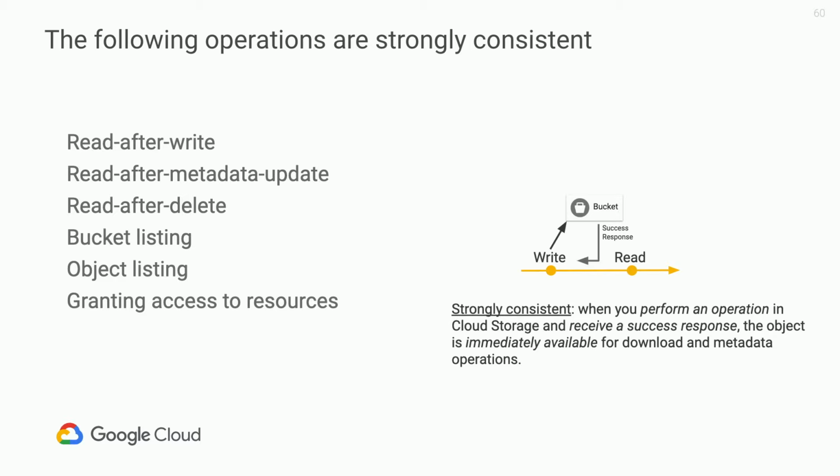It means that when you perform an operation in Google Cloud Storage and you receive a success response, the object is immediately available for you to download or for metadata operations. The operations that are strongly consistent are read after write, read after metadata update, read after delete, bucket listing, object listing, and finally granting access to resources.